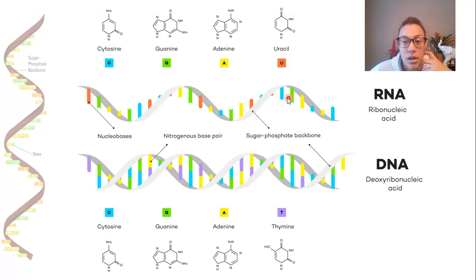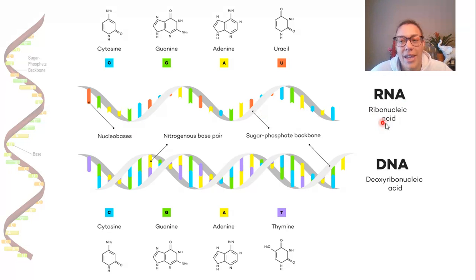And then these colored sticks here are representing our nitrogenous bases, C's, G's, A's, and U's if we're talking about RNA, or C's, G's, A's, and T's if we're talking about DNA. So again, remember the double helix for DNA. RNA is a single strand. The sugar is different.